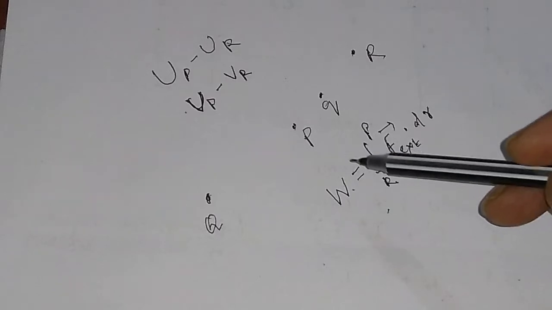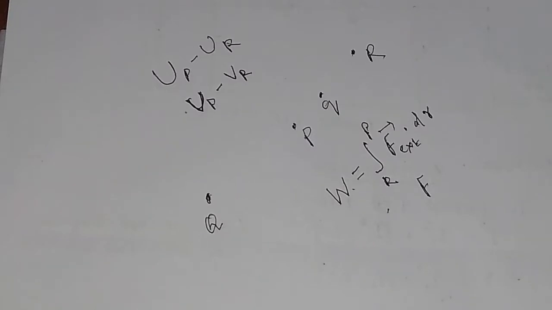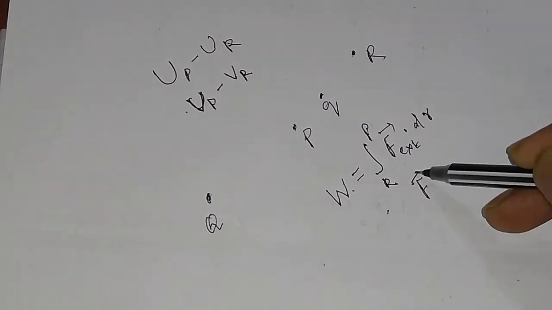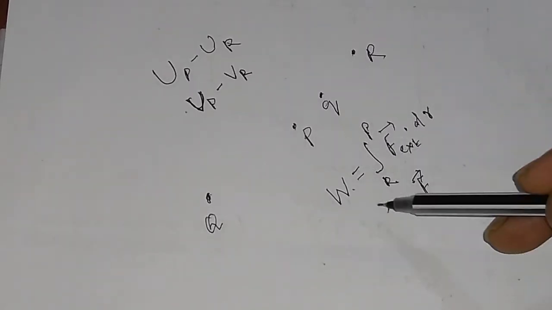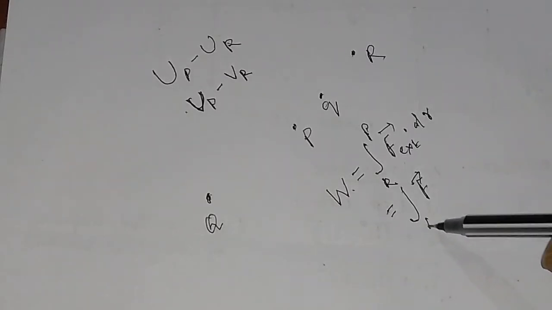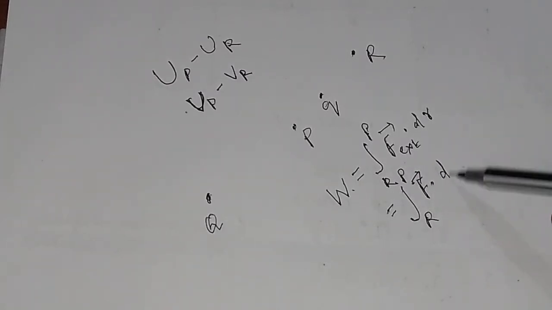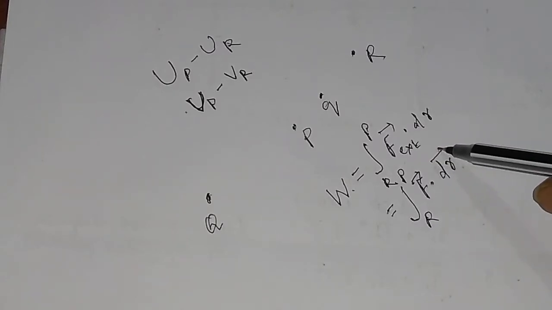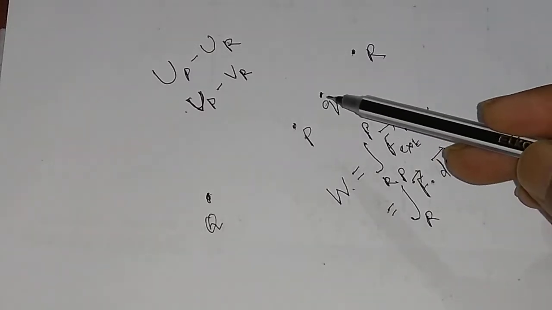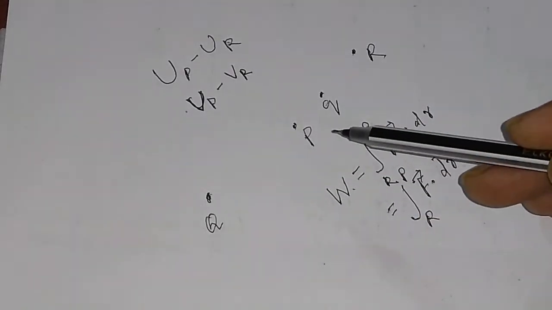Let us say the electrostatic force is given by F. So the work done by this electrostatic force will be equal to the integration from R to P of F dot dr. This is the work done due to the electrostatic force, because if you have a plus charge here and also a plus charge here, then you have electrostatic repulsion between them.